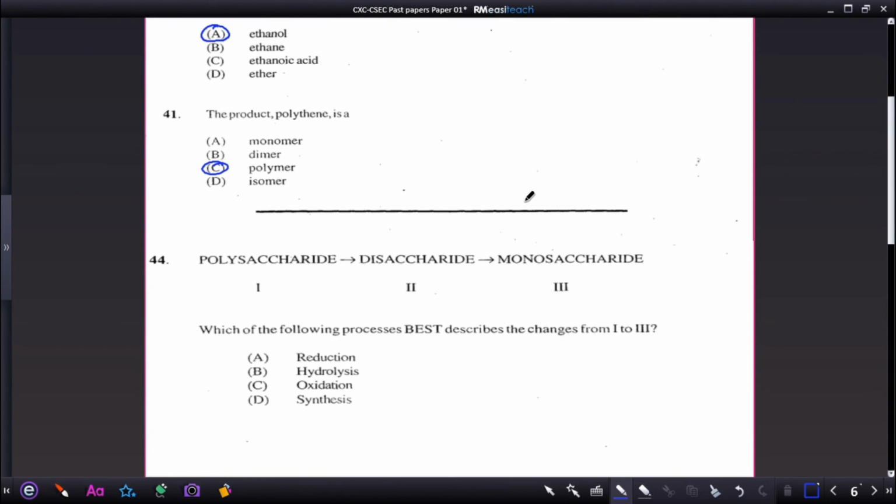Which of the following processes best describe the changes from 1 to 3? So we're starting out with the polysaccharide, ending up with the monosaccharide. To make the polysaccharide, which is the polymer, we remove water. So in order to get the starting materials, you need to add water, which is hydrolysis.